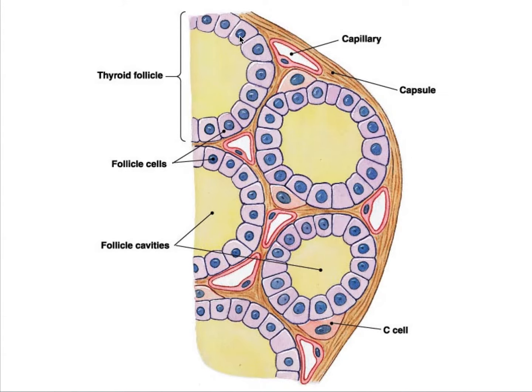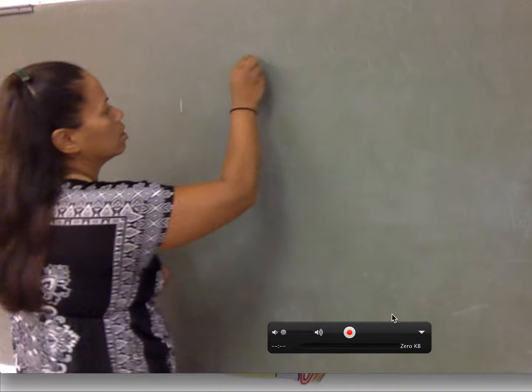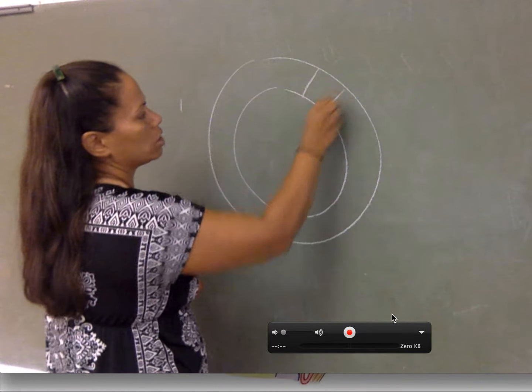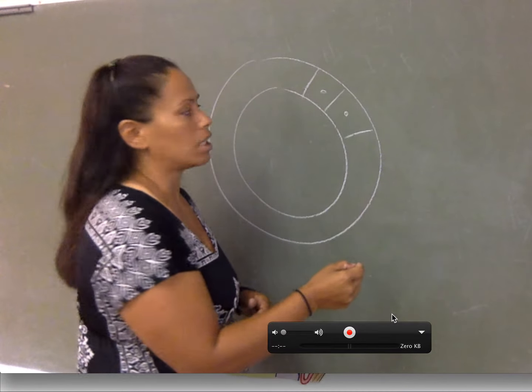This is a cross-section of the thyroid gland. We're looking at the cells that produce T3 and T4. There are two types of cells that I want you to know. There are follicular cells and there are parafollicular cells, also known as C cells. So C cells, parafollicular cells, and follicle cells sit by each other. So follicle are these ones. These ones are called follicular cells.